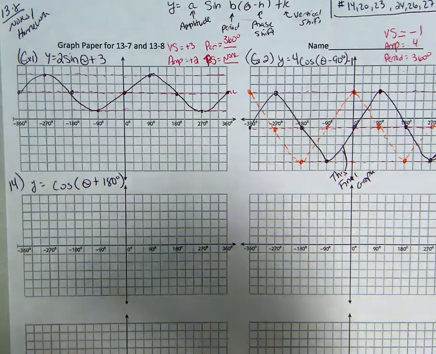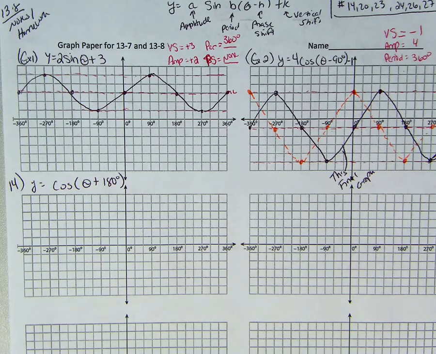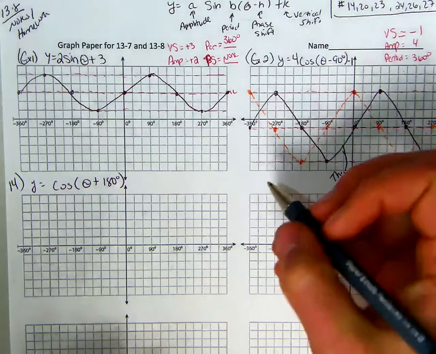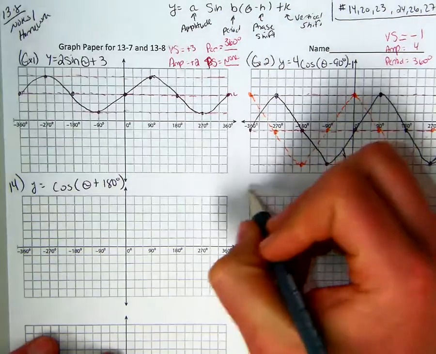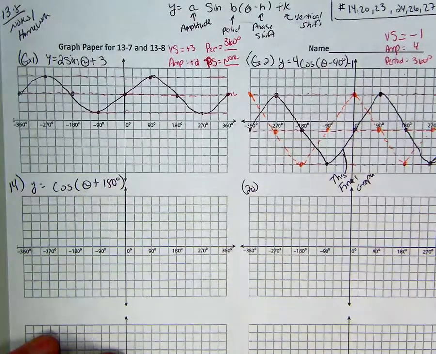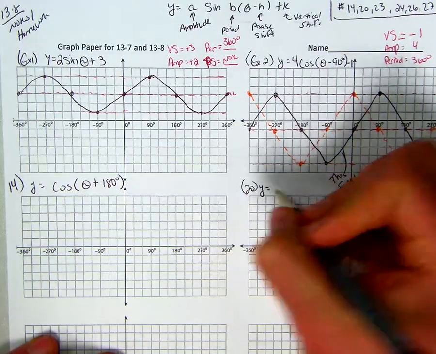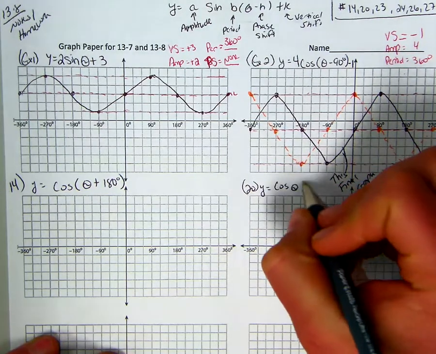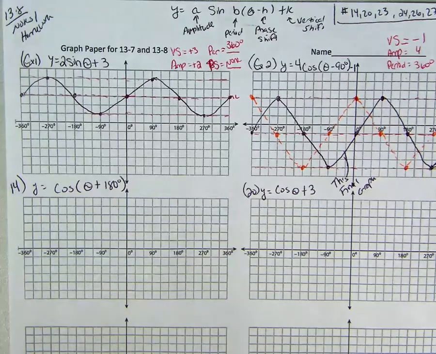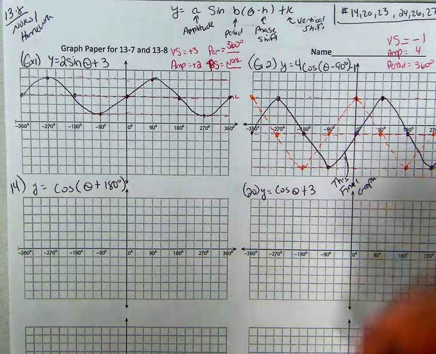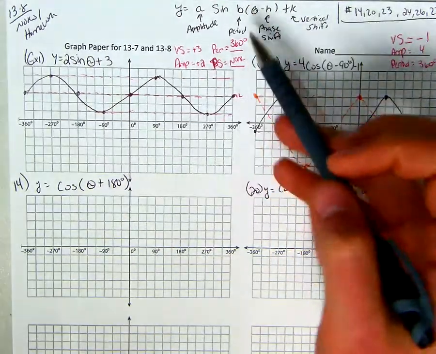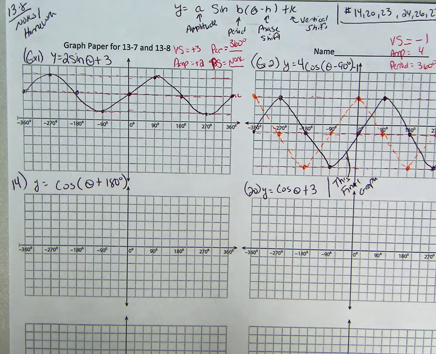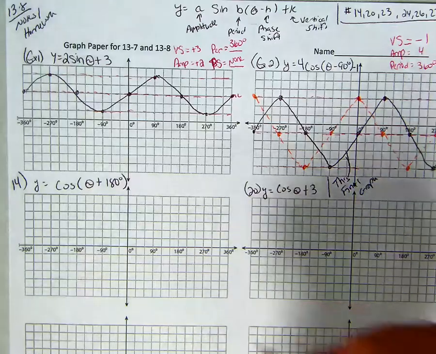The only thing that's changing is that you do have a phase shift from the parent graph. We have number 20, which is y equals cosine theta plus 3. Notice all we have is a vertical shift then. And again, you do need to write out what's my vertical shift, what's my amplitude, what's my period, what is my phase shift every single time, whether you have it or not.